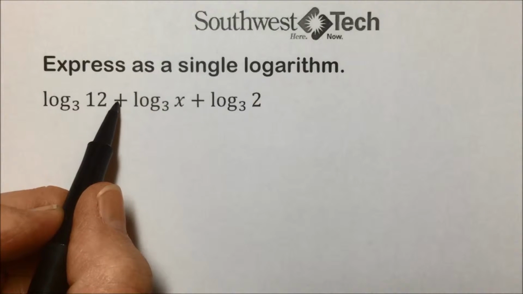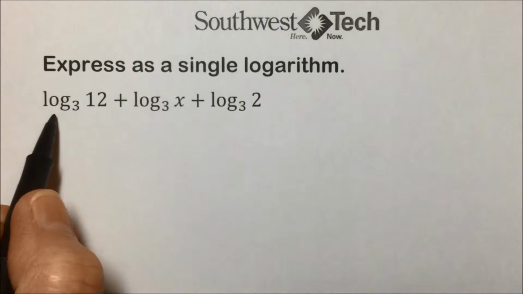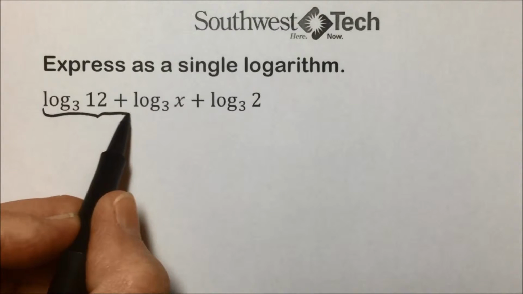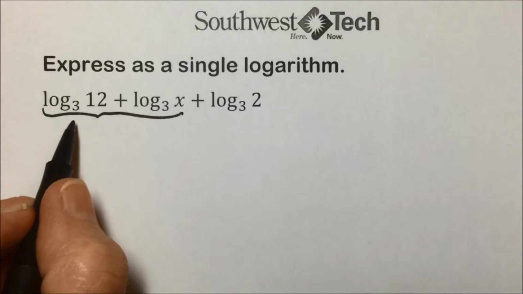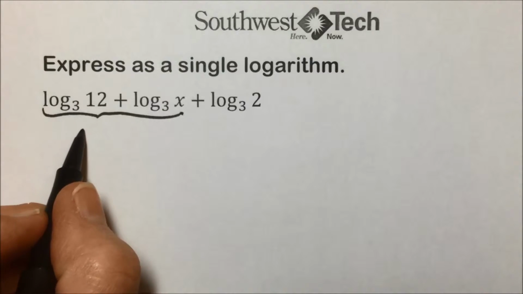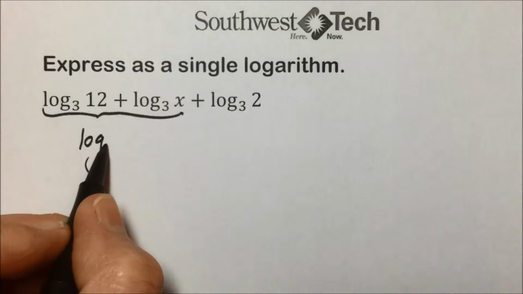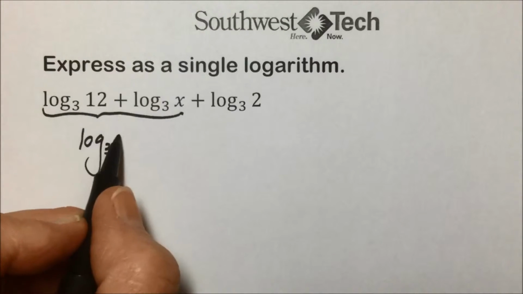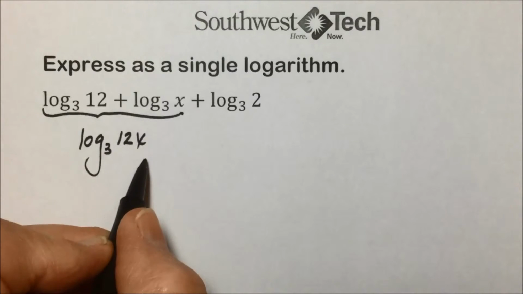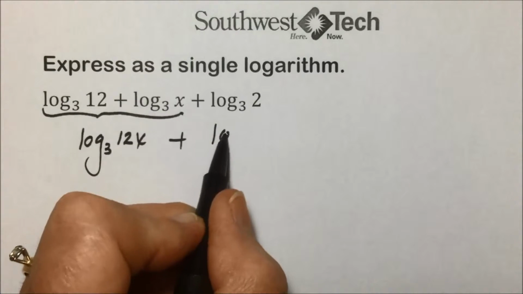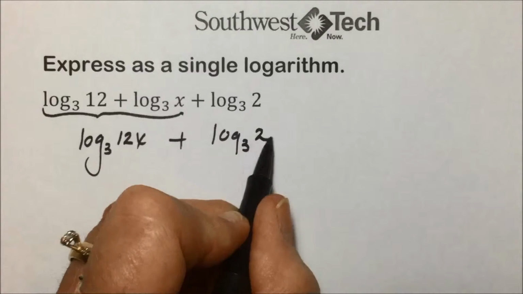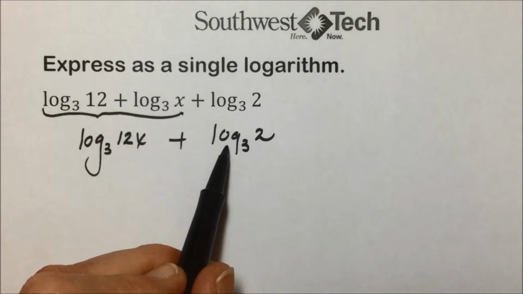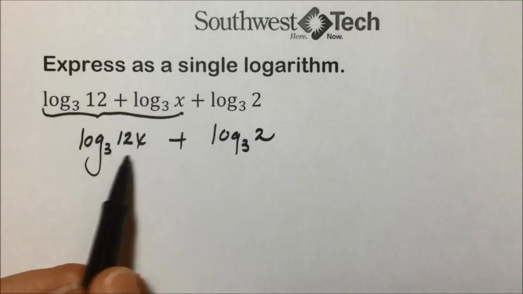When you have the sum of logs with common bases, it means that they were originally multiplied together. So if I just look at these first two terms, this would be equivalent to the log base 3 of the factor 12 times x plus our log base 3 of 2. These two logs are added together. We have common bases.